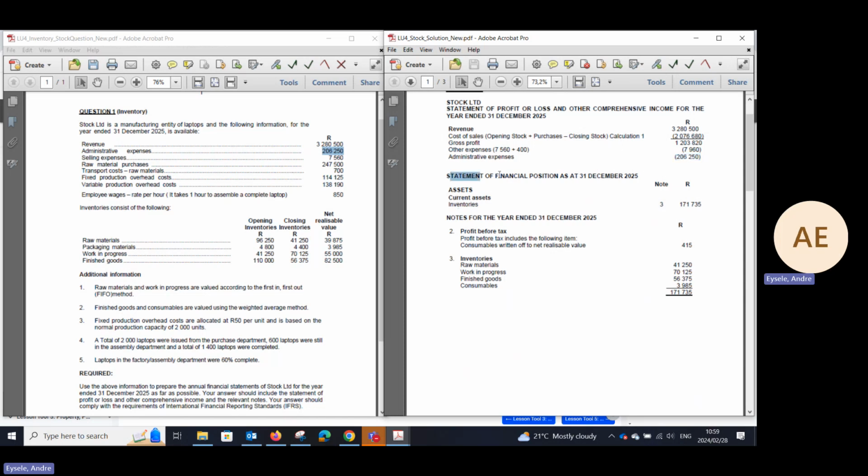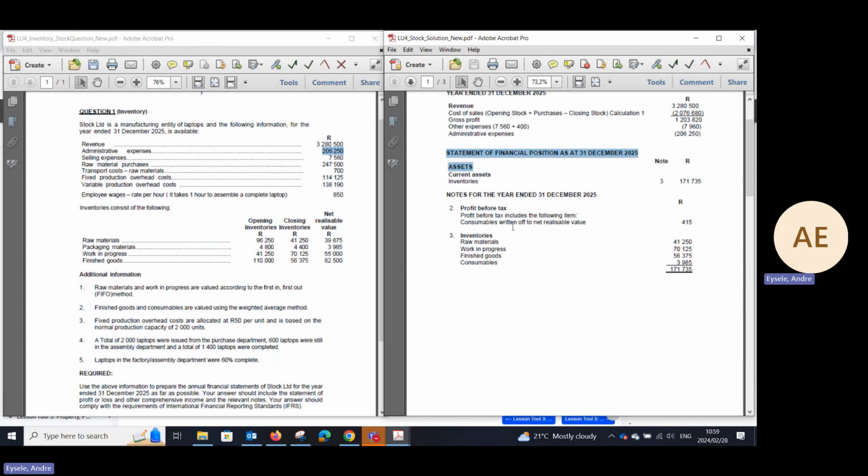And then we can take the statement of financial position. We will have the consumables written off, which is 415, purely because they do not form part of the fixed cost items, which they are written down according to the standards. And then your inventories. What does your inventories consist of?